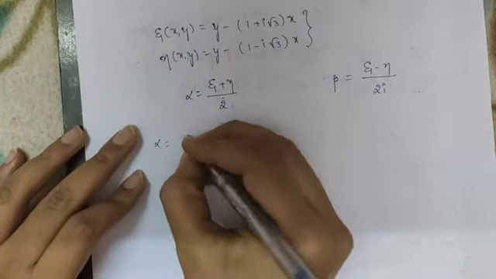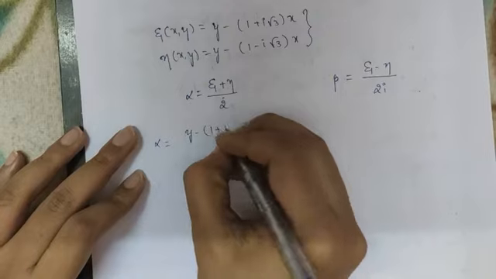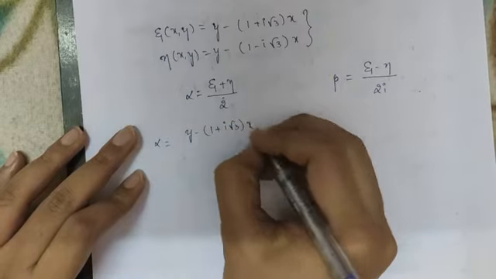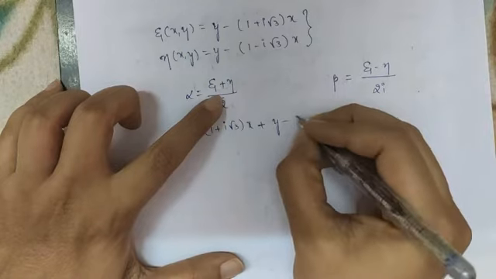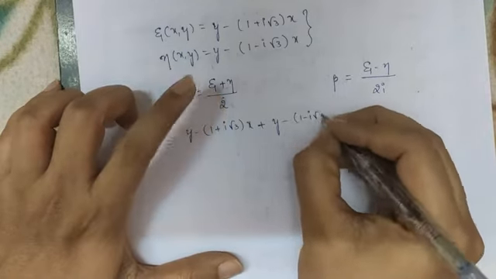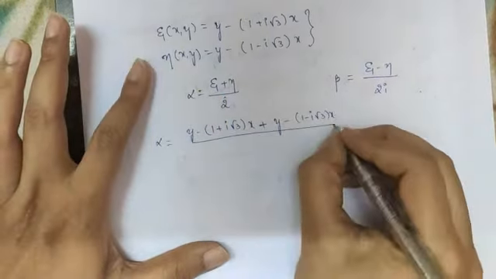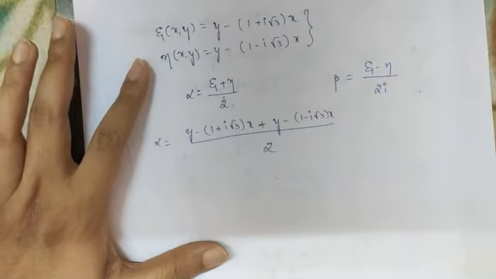So alpha is equal to y minus 1 plus i root 3 into x plus eta is y minus 1 minus i root 3 into x whole divided by 2.